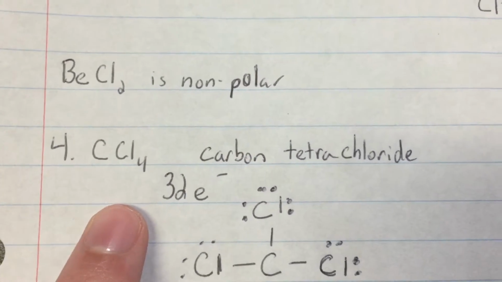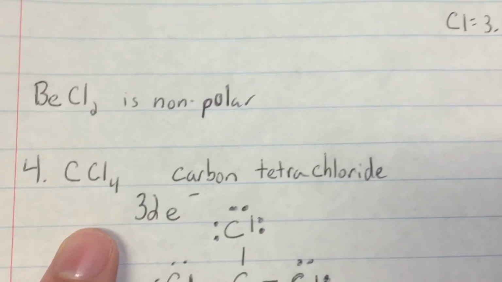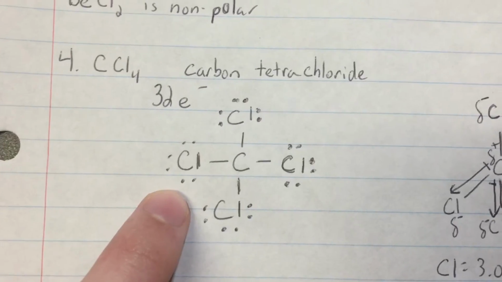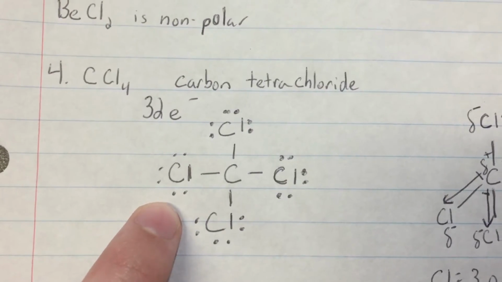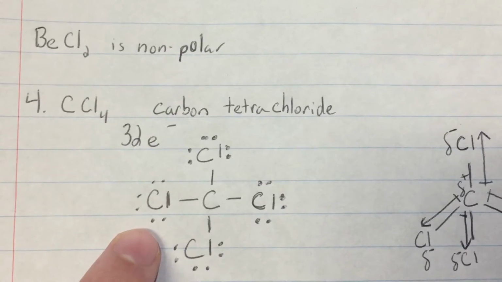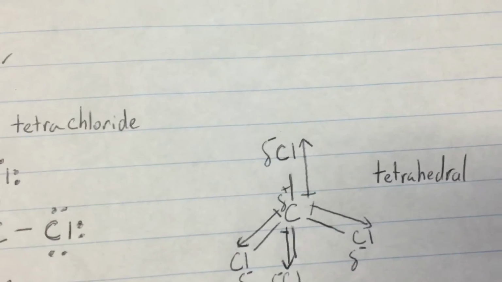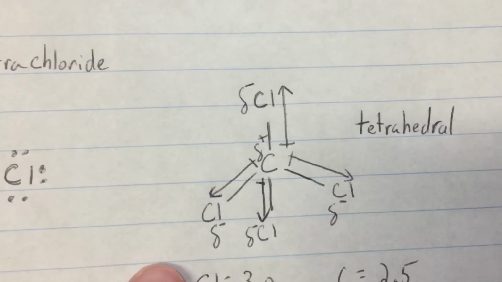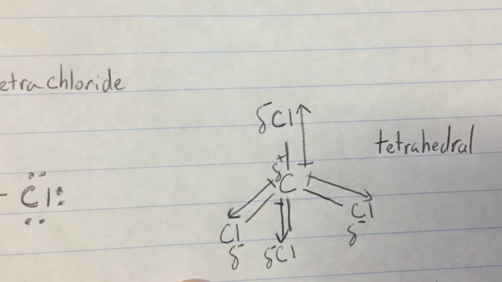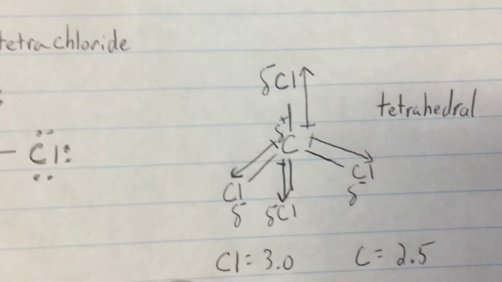Our fourth molecule is CCl4, carbon tetrachloride. This Lewis structure is drawn using 32 electrons, with chlorine surrounding the carbon. The molecular geometry is tetrahedral, meaning that there's a carbon in the middle and there are the 4 chlorines around that one carbon.